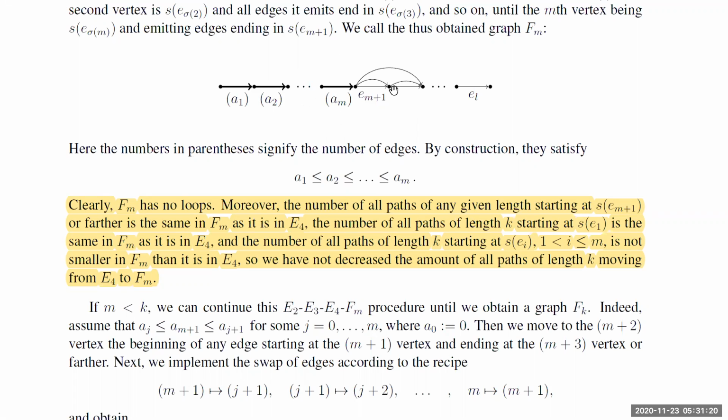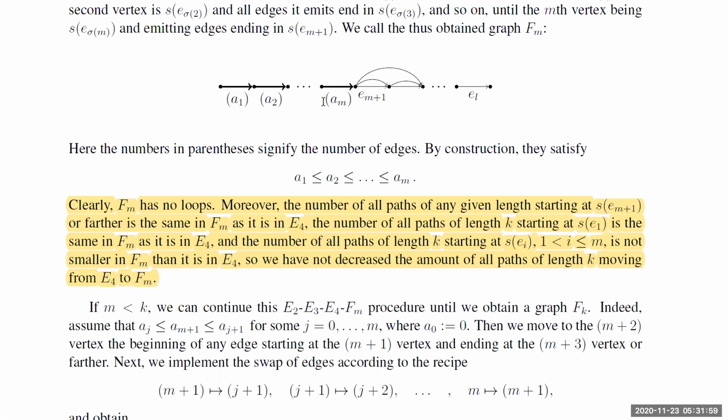So the amount of all paths of length k starting from the first vertex is the amount of all paths of length k minus m starting at S of em plus 1, and this is unaffected by our move. This is the same in E4 as it is in Fm. This number does not change, times the multiplication of all these numbers. And of course, when we do a rearrangement, multiplication is commutative, so such a permutation does not affect the number.